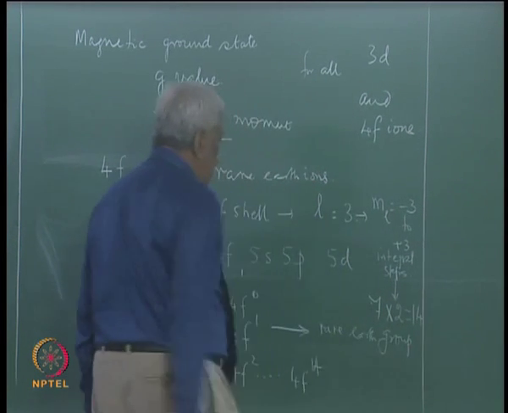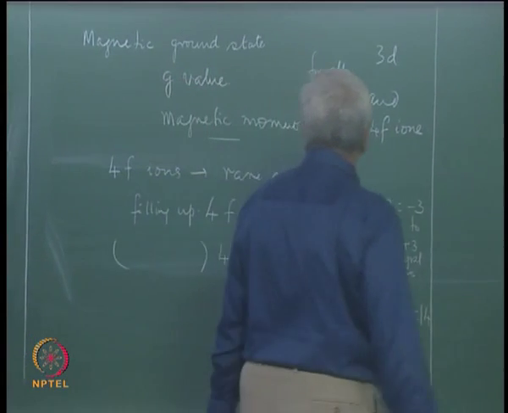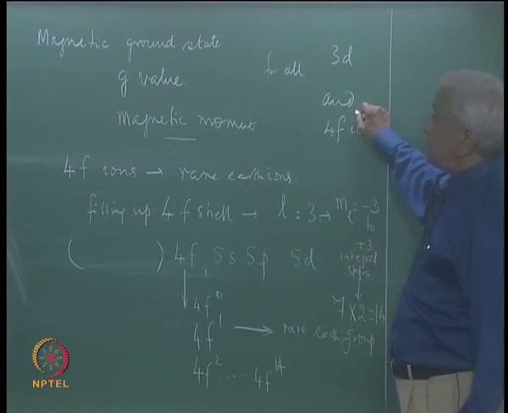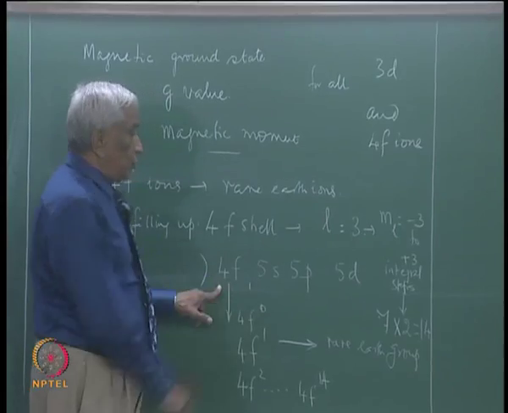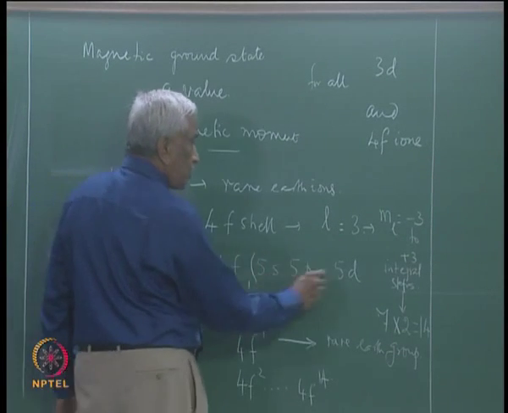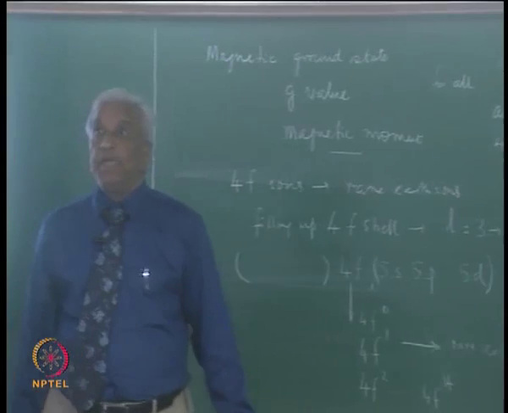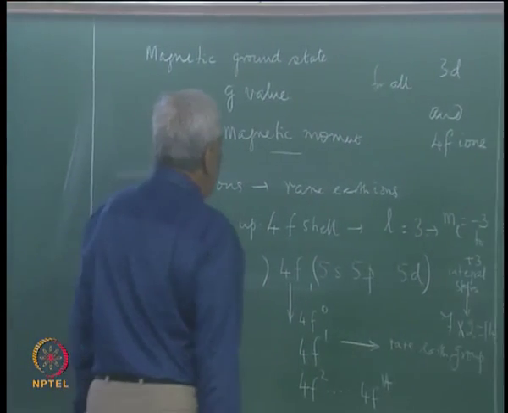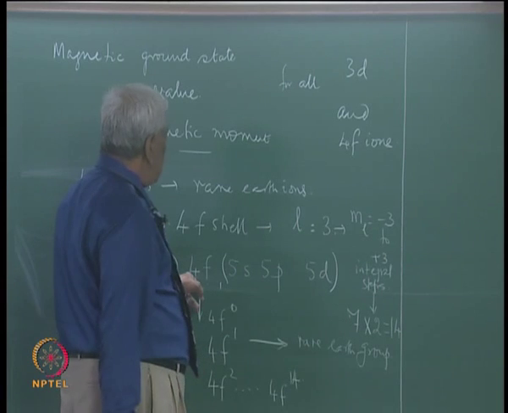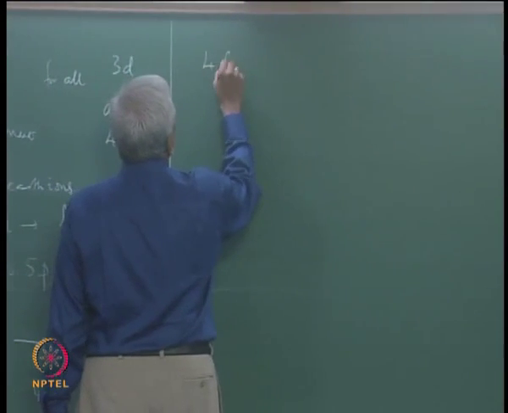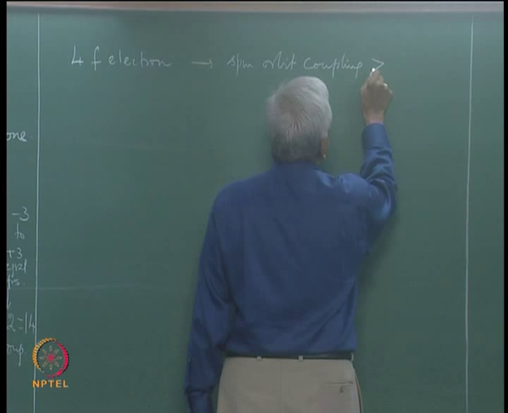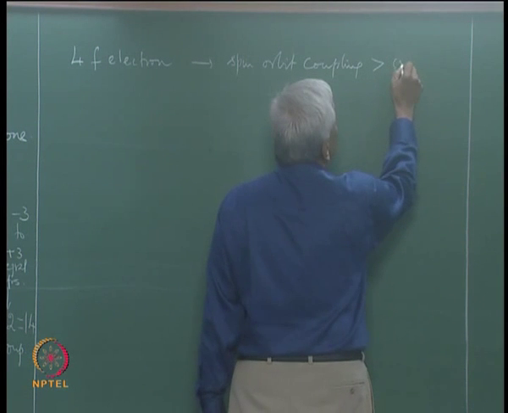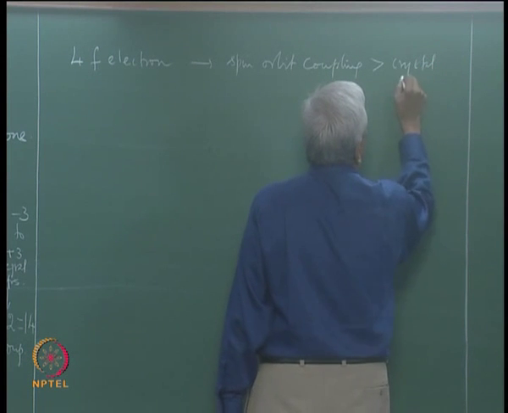We will consider one by one these elements, and the reason why we consider this first rather than the 3D is because in the 4F group there are outer electrons in the 5s, 5p and 5d shells which sort of shield the inner 4F electron. The spin orbit coupling is relatively strong in comparison to the crystal field effect.